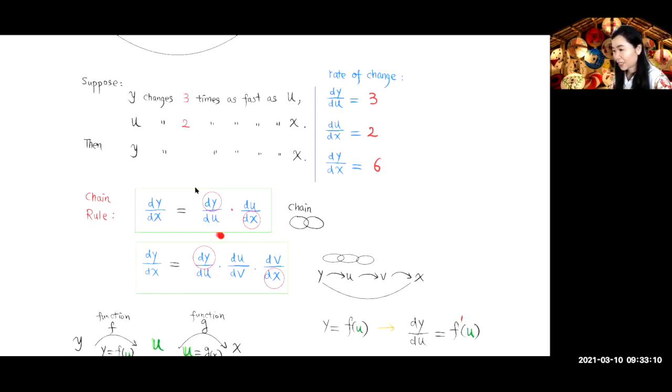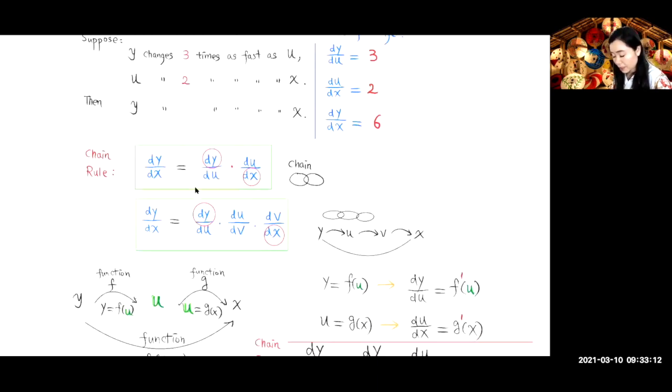So kind of like a chain right here. The chain can get longer. If you have this relation right here, then dy/dx is dy/du times du/dv times dv/dx. So the chain can get longer. In this case, you get 3 rings.